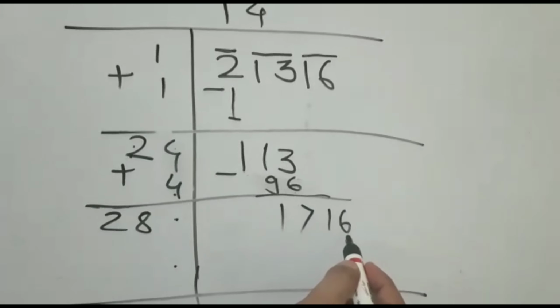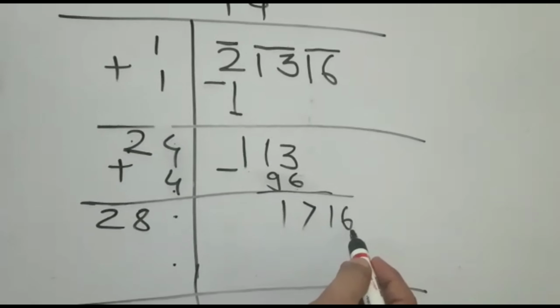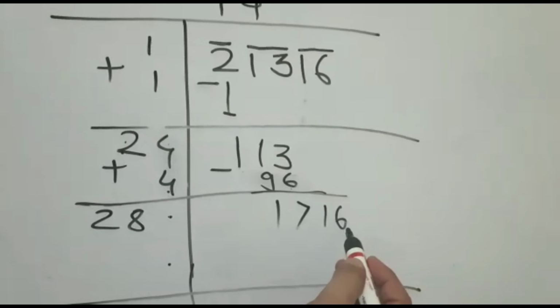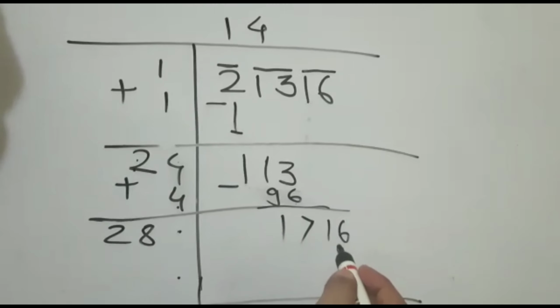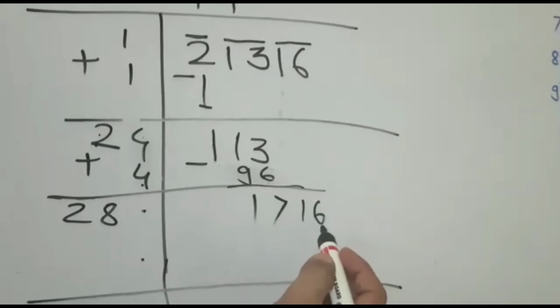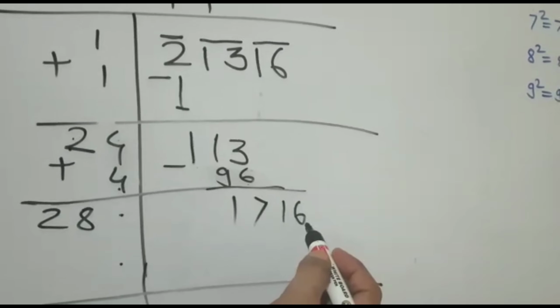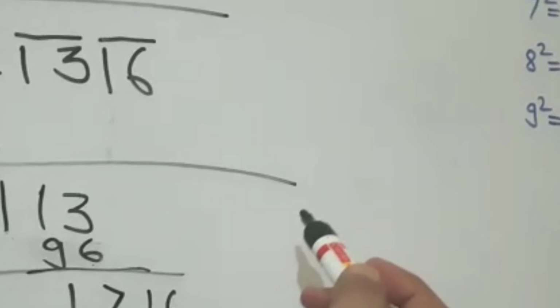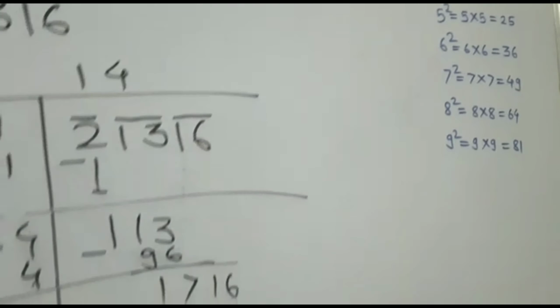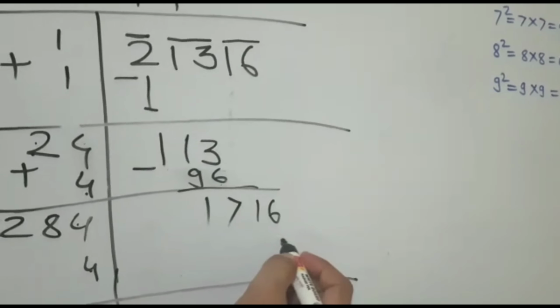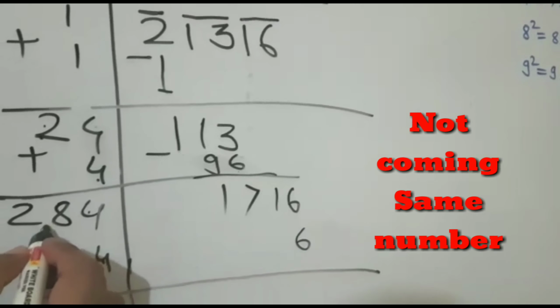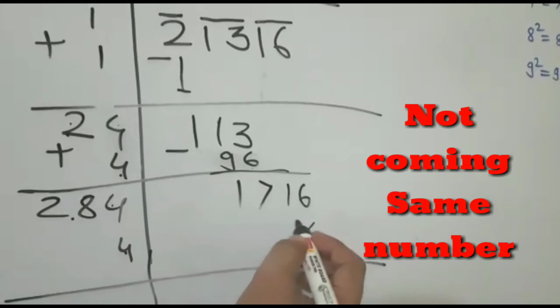This is the last pair and 6 is in the unit place. So we have to use the trick. Which number's multiplication gives 6 in the unit place? Either 4 into 4 or 6 into 6. We will take 4 first. 4 into 4 is 16. 4 into 8 is 32, 33.